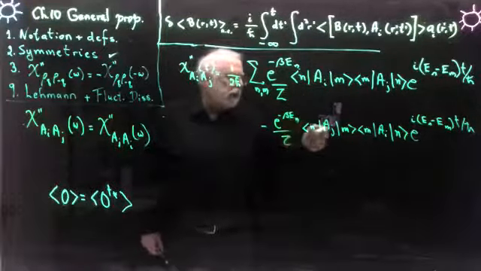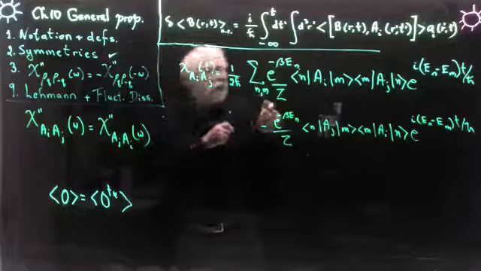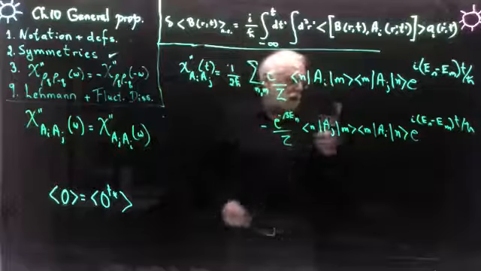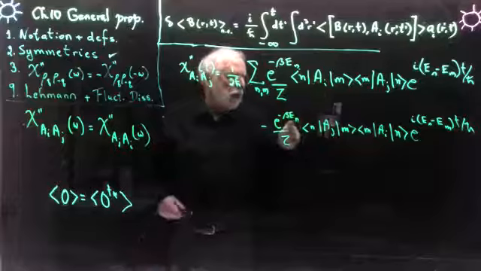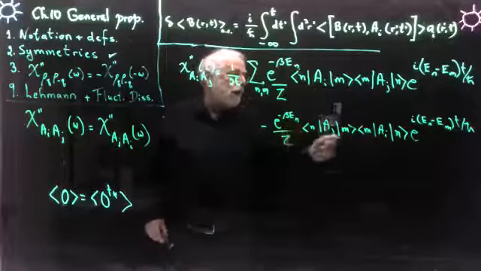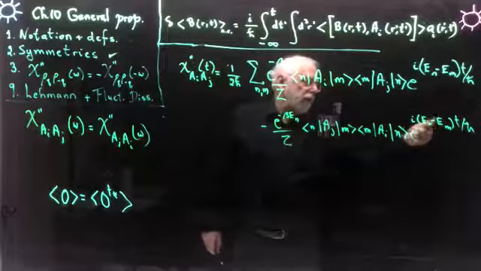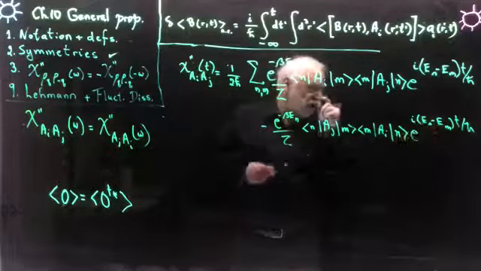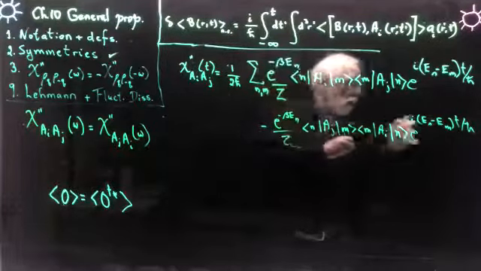And now you see if I just change n for m, these are just dummy indices. So if I change n for m, the matrix elements become the same. This goes to this, this goes to this. I'm sorry, this is wrong.